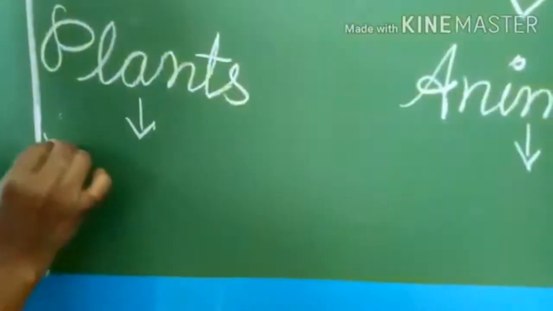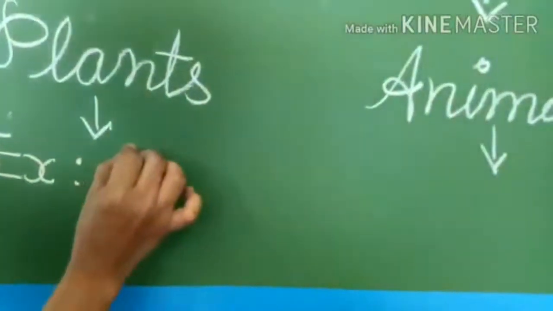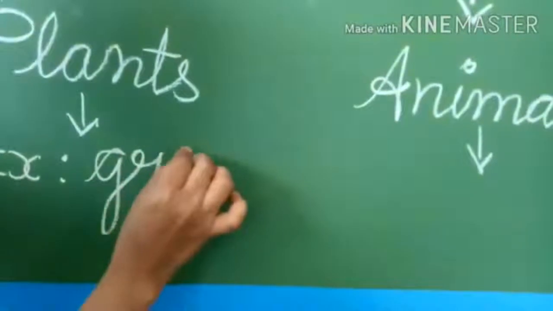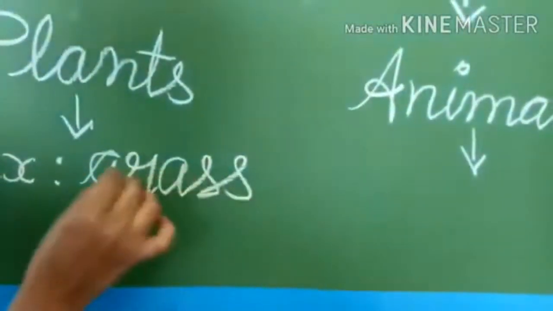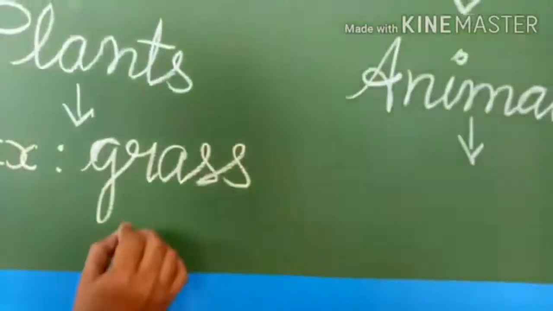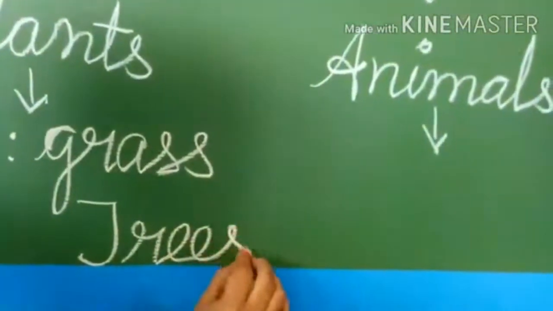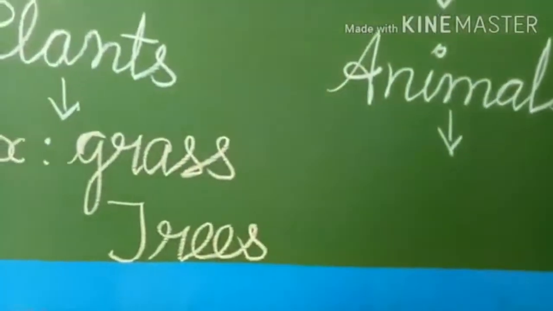Now example for plants are grass, GRASS, and trees, TREES.